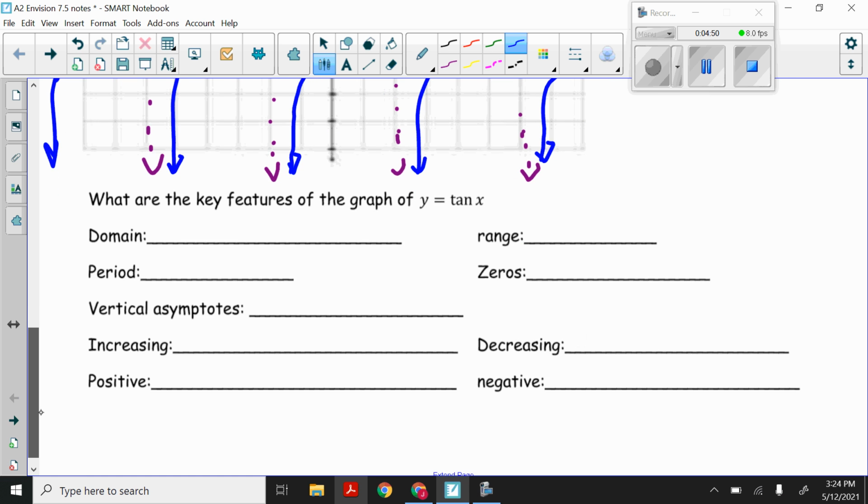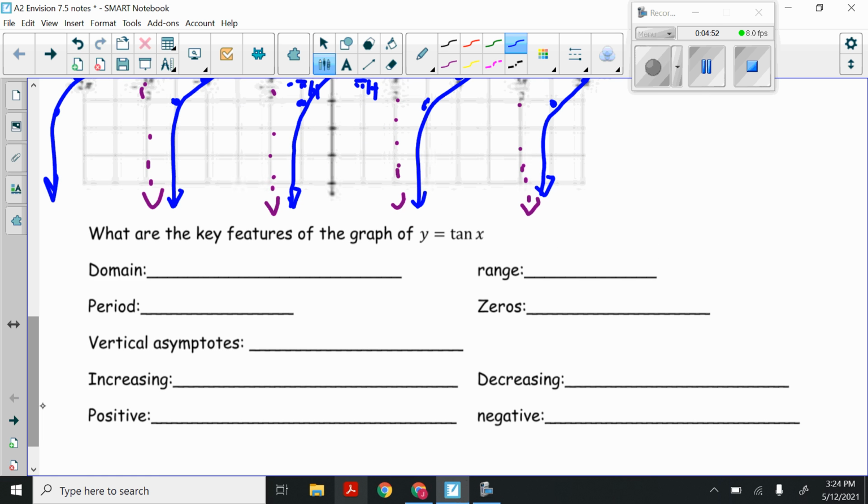So now let's talk about the features. The domain will be all real numbers except for the odd multiples of pi over 2. So pi over 2, 3 pi over 2, 5 pi over 2, 7 pi over 2, 9 pi over 2, 11 pi over 2, all of those will have vertical asymptotes.